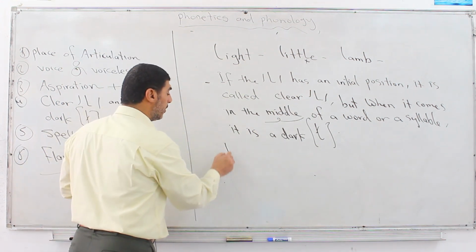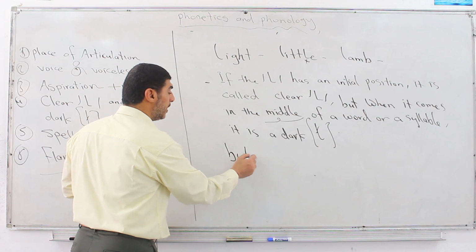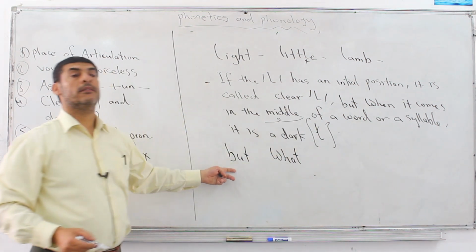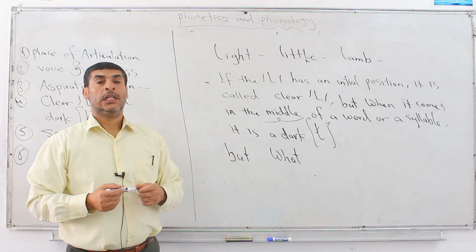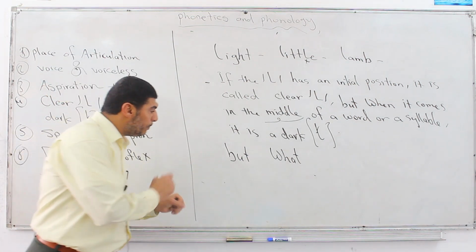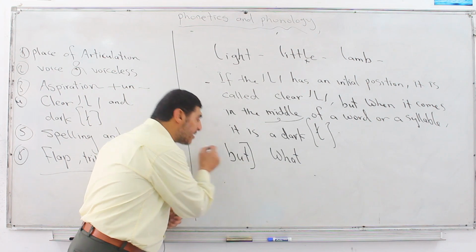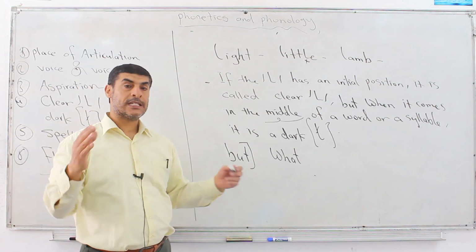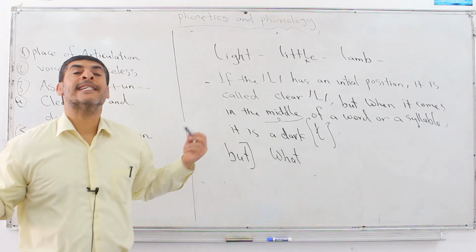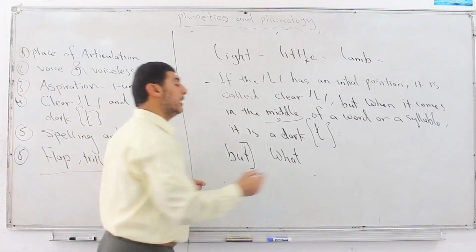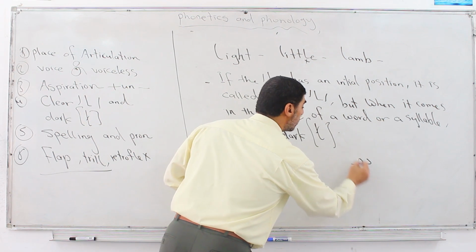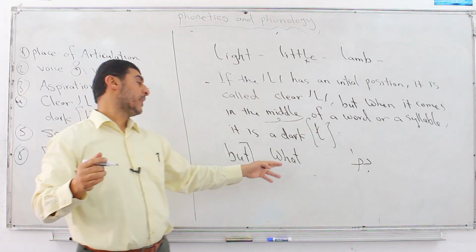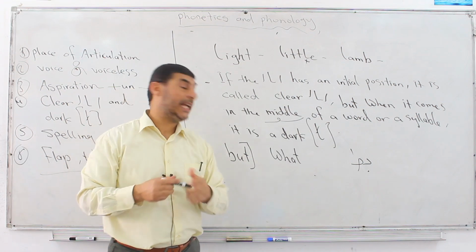Okay, in the word but, if you say but, you will notice that when you articulate, produce the sound ta, it's not alveolar. It looks like the ta sound in Arabic when I say but, okay? Try to say what, I don't say what, it's what, right?